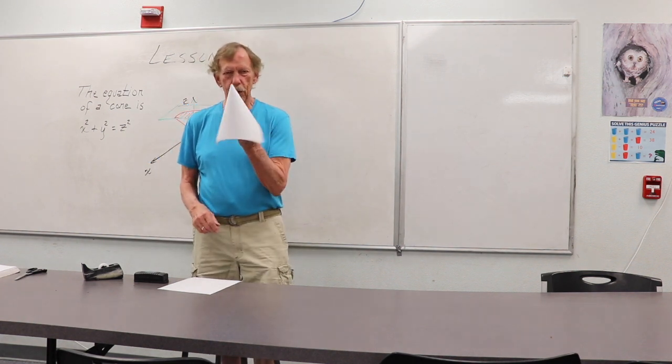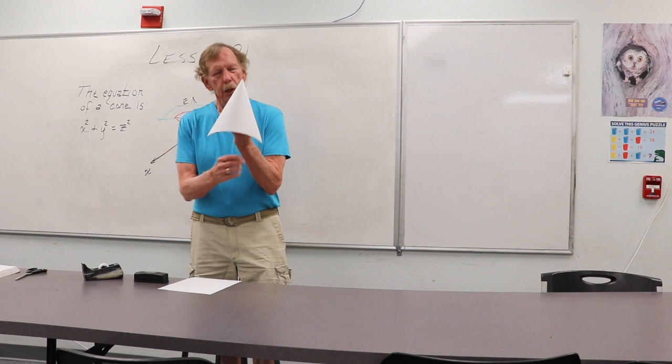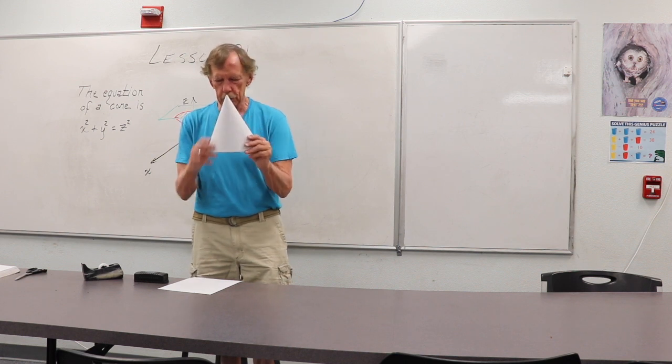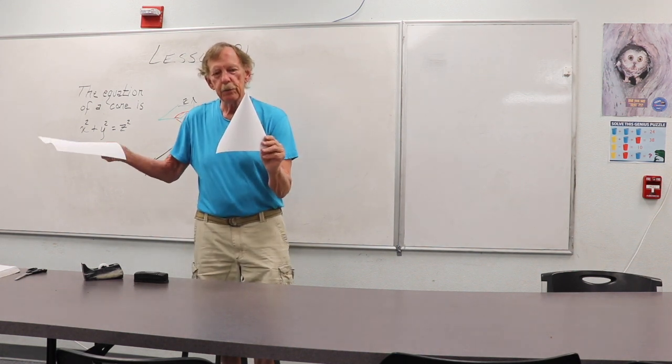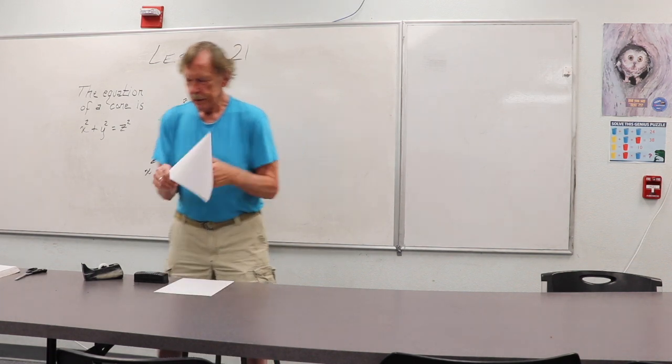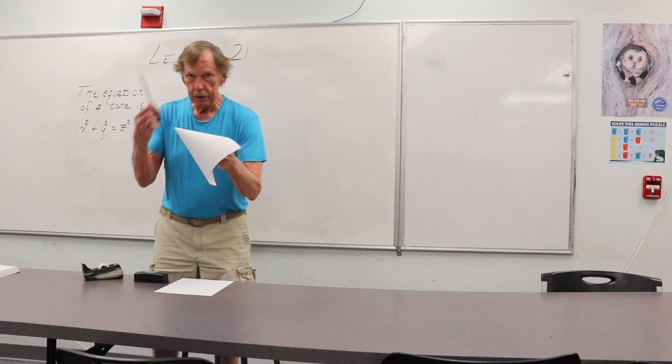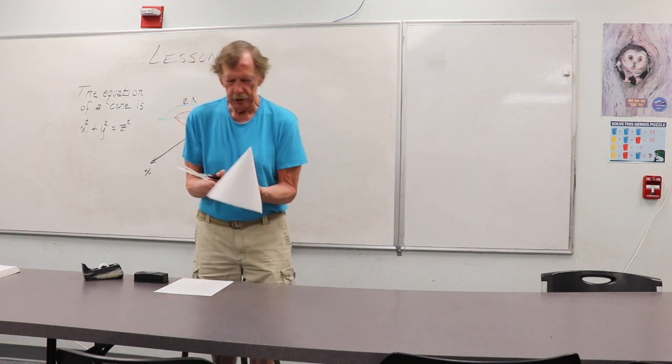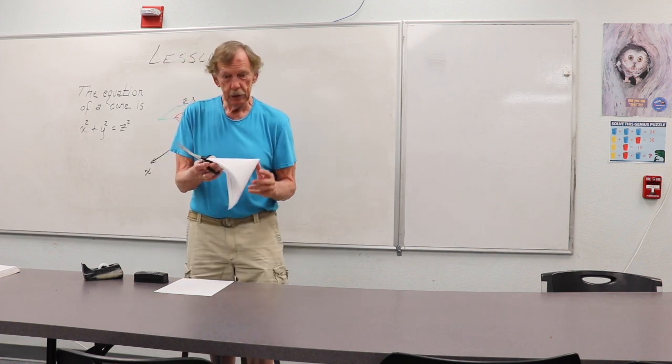All right, here we go. We've got a cone. Now what we want to do with this cone is cut through it with a plane. Now, that's going to be a little bit tricky, but I'm going to try with this pair of scissors to show you how this looks.